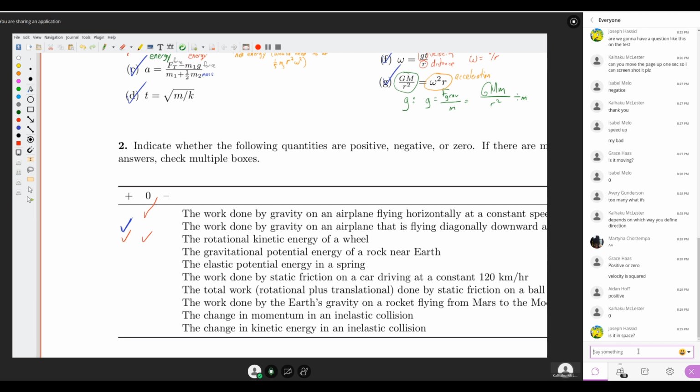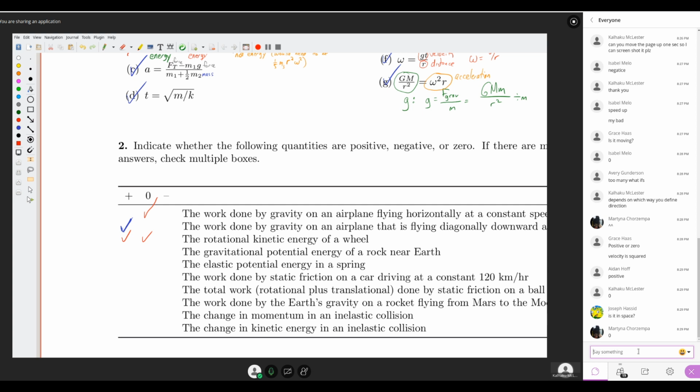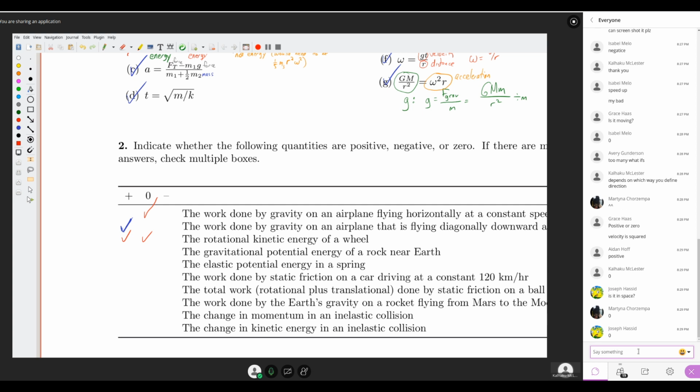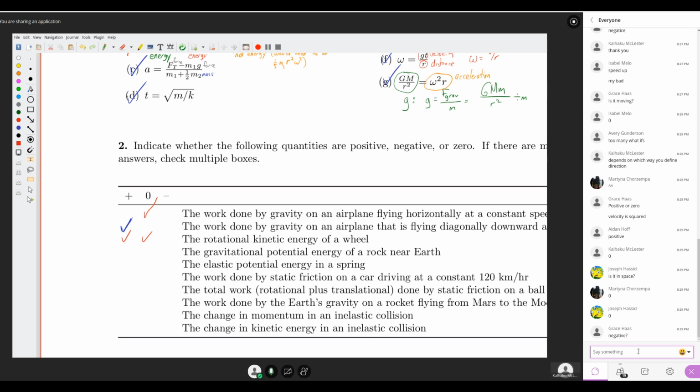Maybe I have a rock in my apartment and I throw it out my window. So you're saying 0. Could it be positive? Maybe I hold the rock above my head. Yeah, and that's the hard one, Grace. Could the gravitational potential energy of a rock be negative?